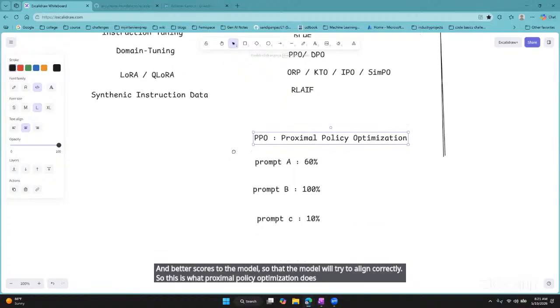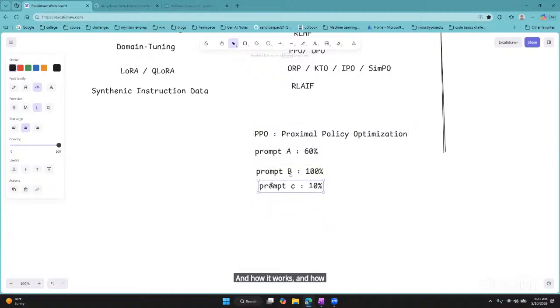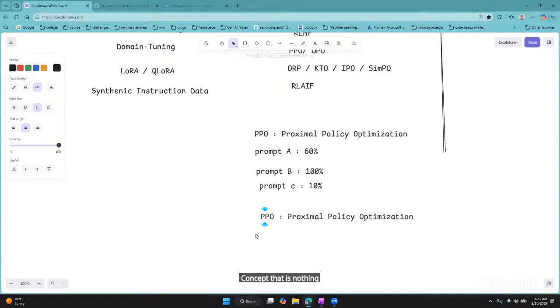And after this class, you can explore more on what proximal policy optimization is and how it works and how it is aligned. Now let's understand another concept, that is nothing but DPO. DPO is direct preference optimization.